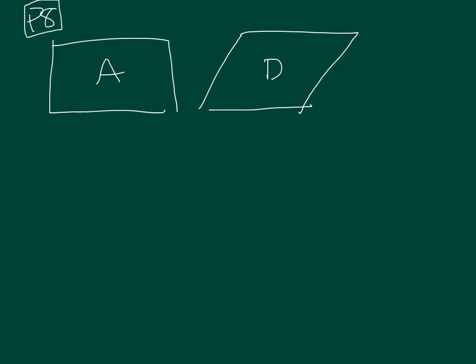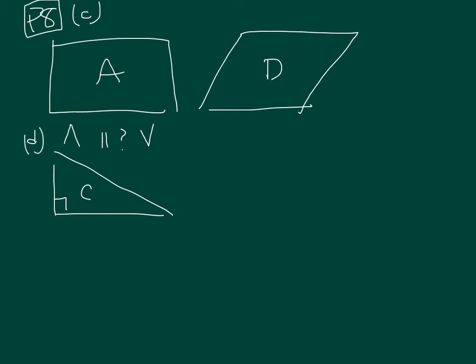If not, explain why. Do the same thing for A and C. Would that be equal, or would A be greater, or would A be smaller? That's actually part D. So that's number 8.